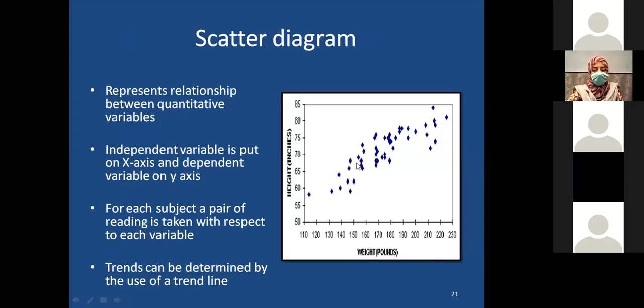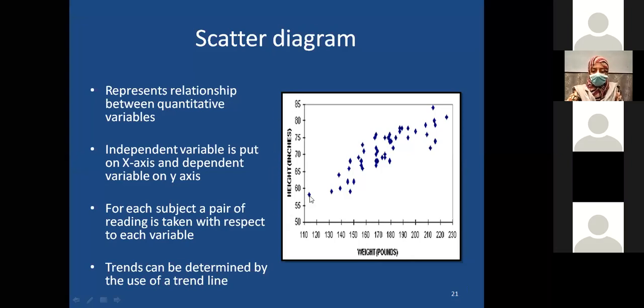Okay, then you have another type of graph that is known as scatter diagram or scatter graph. Okay? It represents the relationship between quantitative variables. There's an independent variable which you have on the x-axis, and then you have a dependent variable which goes on the y-axis.